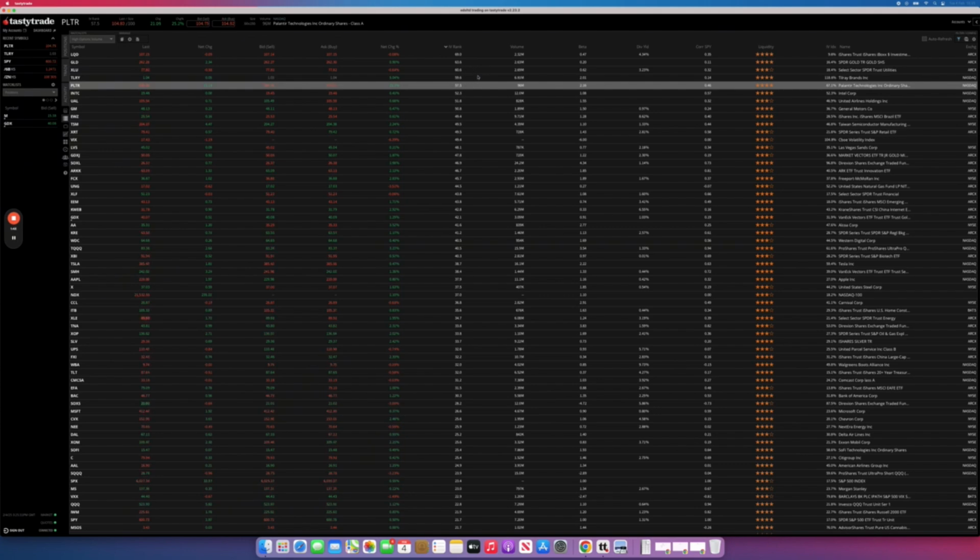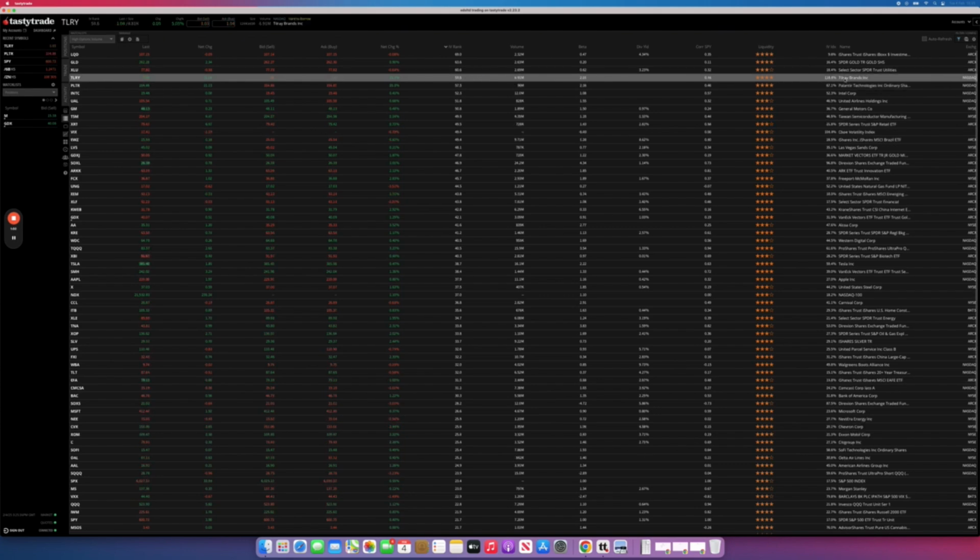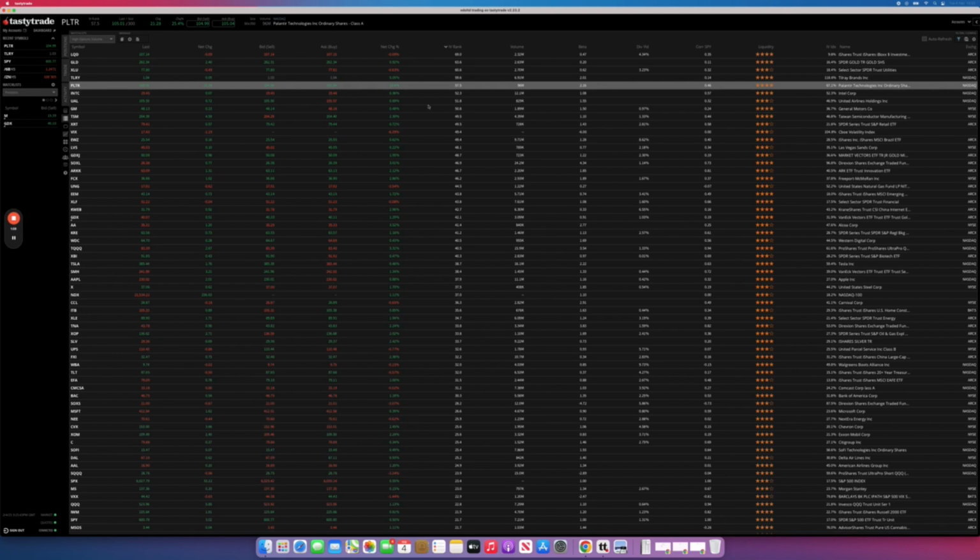So they have very similar IV ranks. However, if we look at the absolute IV levels, TLRY has an IV level of 118% and Palantir is 67%. So without IV rank, we wouldn't be able to know where IV is with respect to that specific underlying's highs and lows of volatility over the past year, if that makes sense.